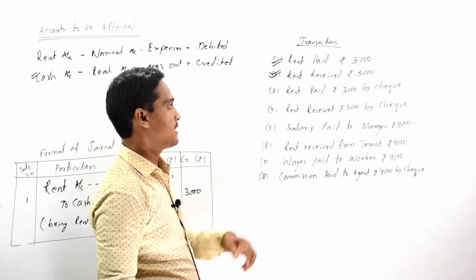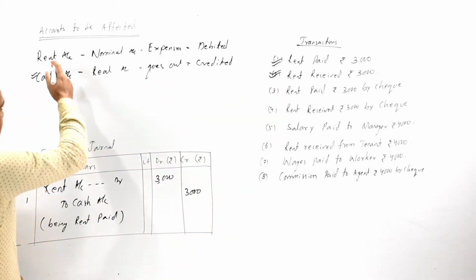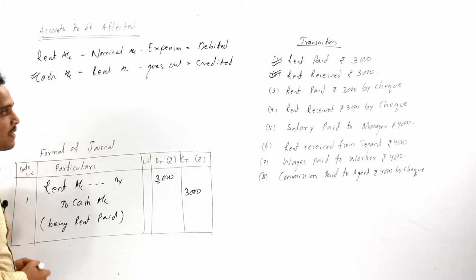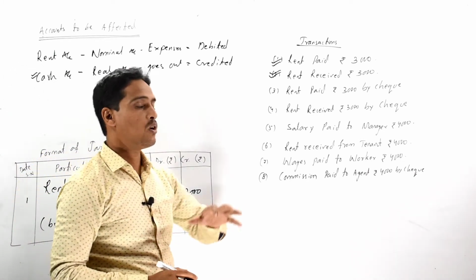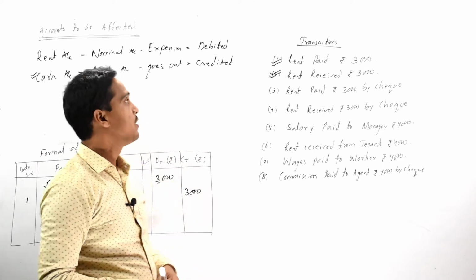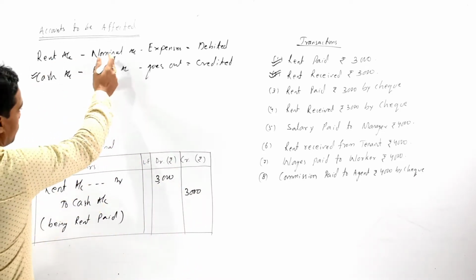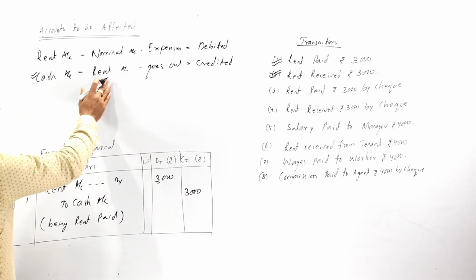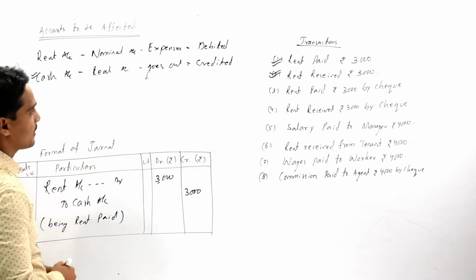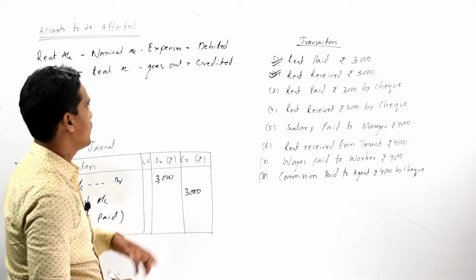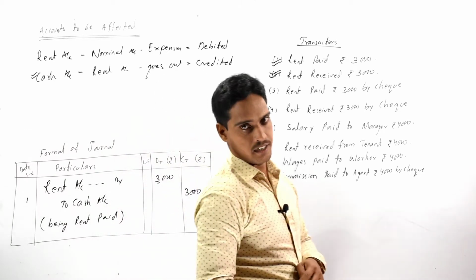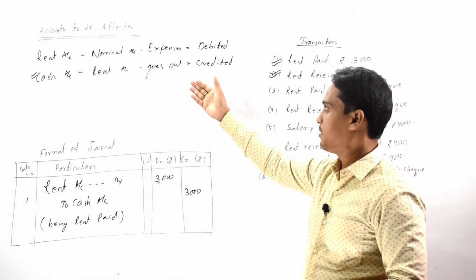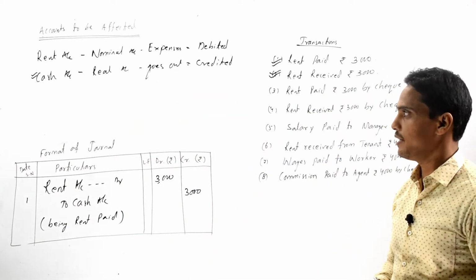In this transaction, our rent account and cash account should be affected. Here rent is a nominal account and cash account belongs to our real account. In order to identify their nature, we must follow the golden rules.